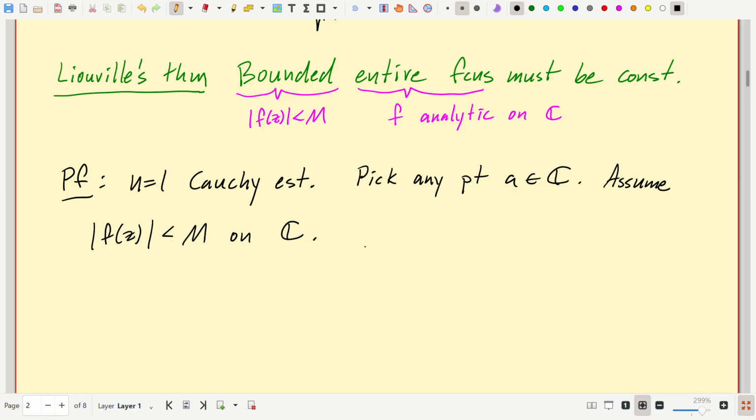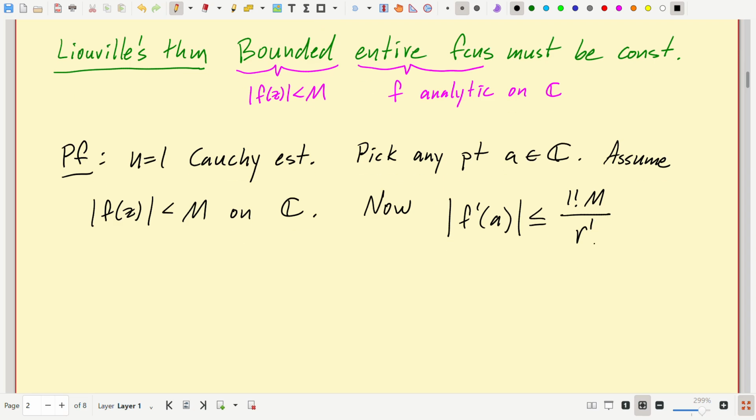And then the Cauchy estimate with n equal 1 tells us that |f'(a)| is less than or equal to 1 factorial times M divided by r to the 1. I'm putting a disk about a of radius r. And M is the same thing no matter how big I take that circle.